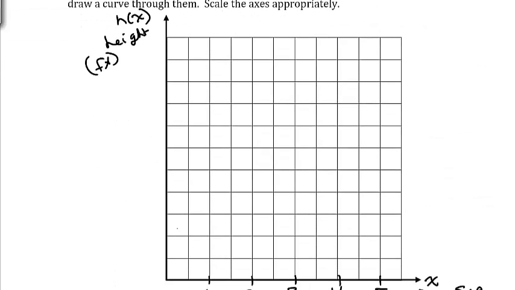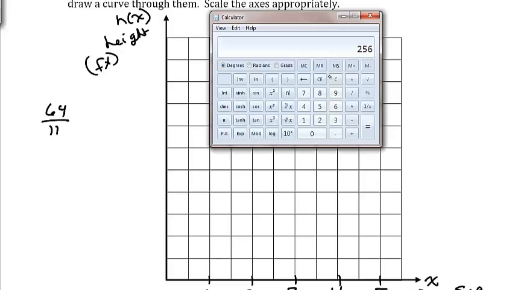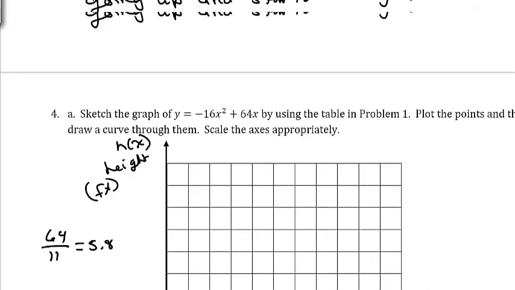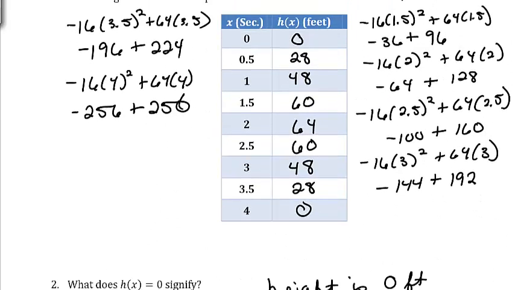And they gave us 1, 2, 3, 4, 5, 6, 7, 8, 9, 10, 11. And let's see what we get when we divide those. 64 divided by 11 gives us 5.8. So we need to use at least 6, but is there some number that's going to make things kind of nice for us?